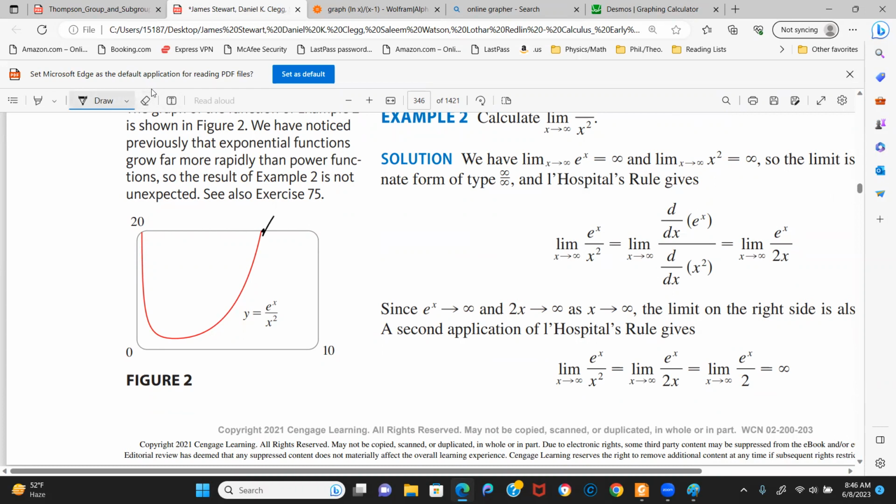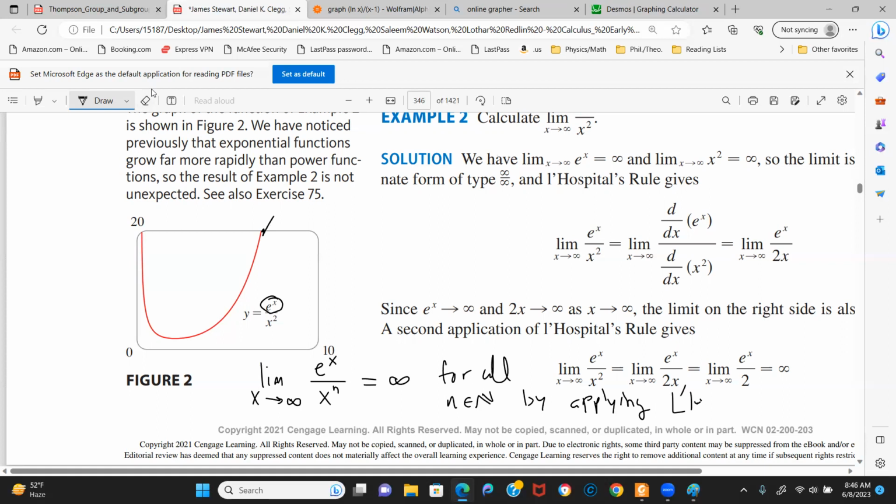So what you can prove, generalizing what we just did, is that e to the x over x to the n goes to infinity for all natural numbers n, applying L'Hopital's rule, I think you would have to apply it n times.